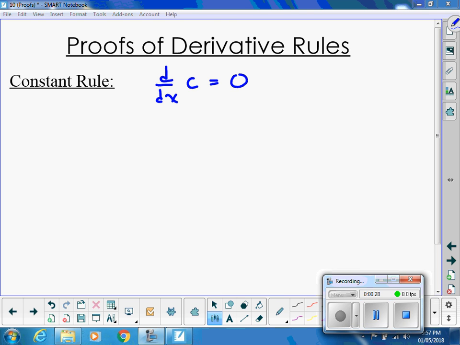To run through these proofs, we're going to go back to the first principles definition of the derivative. So, proof.